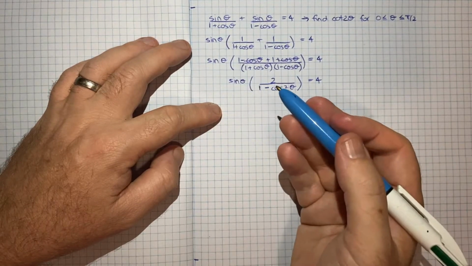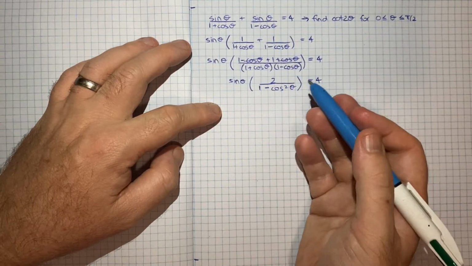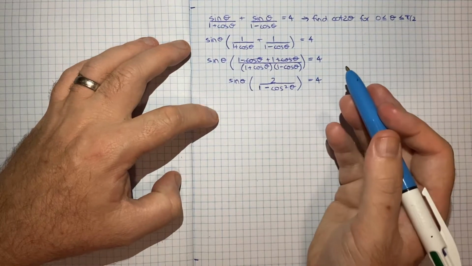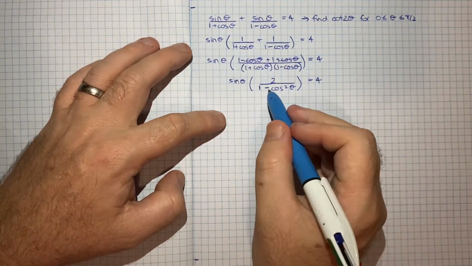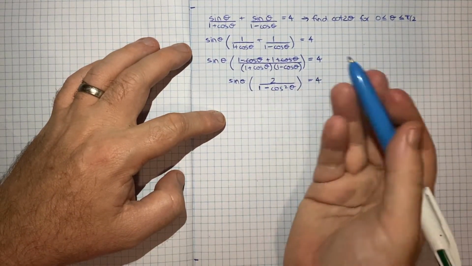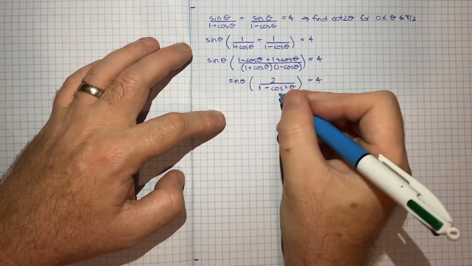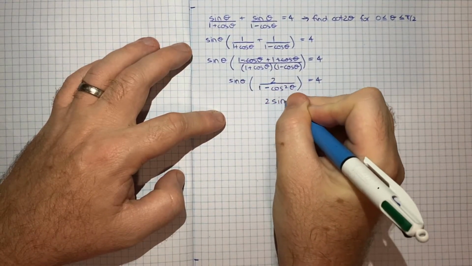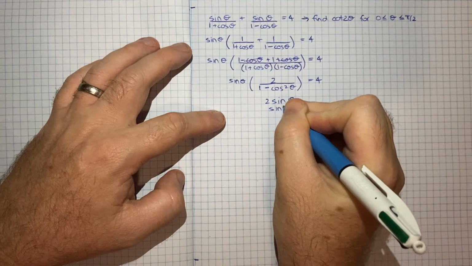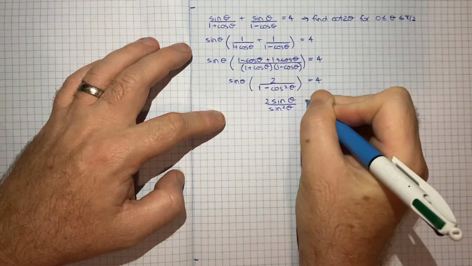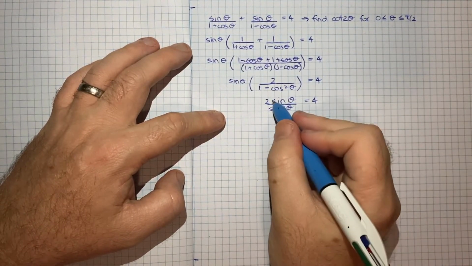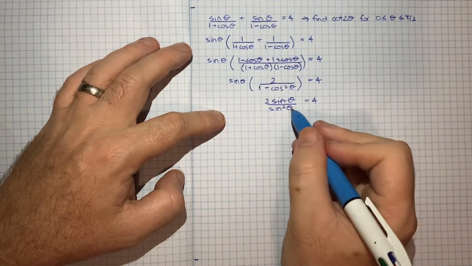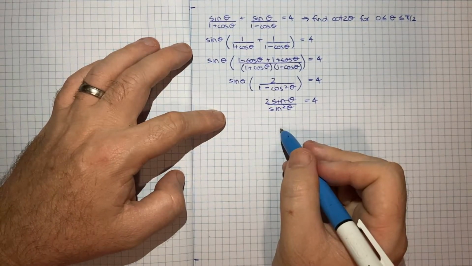Now, because sine squared theta plus cos squared theta equals 1, that classic identity, we know that 1 minus cos squared theta is sine squared theta. So then this becomes 2 sine theta on sine squared theta equals 4. The sine theta and one of the sines in the denominator cancel.